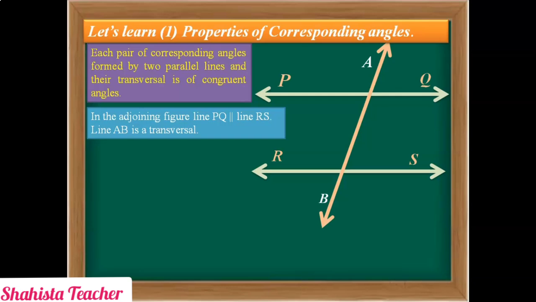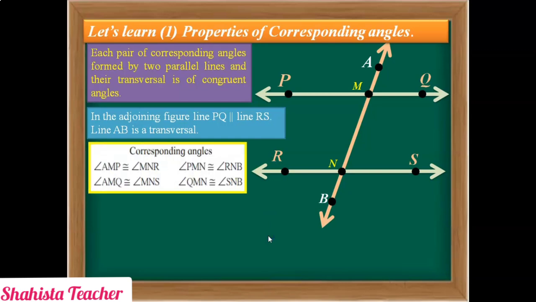Corresponding angle says same side, same direction. So measure of angle M and measure of angle N are both on the same side, same direction. So angle M is congruent with angle N. Same side, same direction, so they both are congruent.